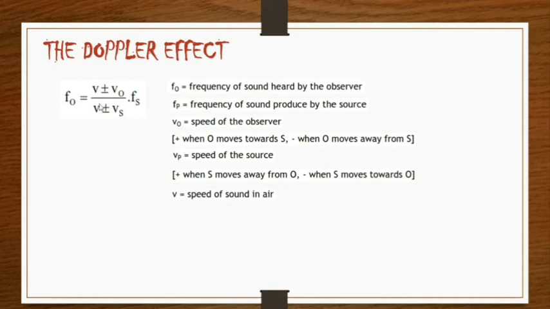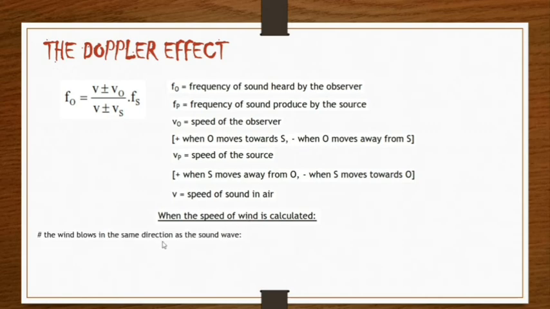And V is the speed of sound in air. What if there is wind, so that we should calculate the speed of the wind? Then when the wind blows in the same direction as the sound wave, of course the sound wave will get to the observer quicker.